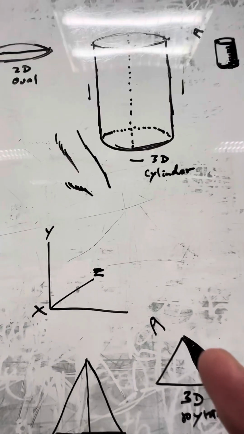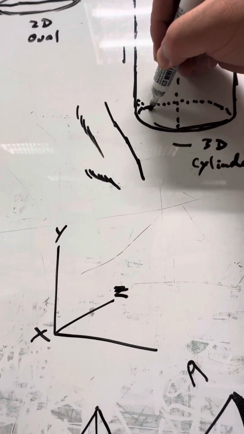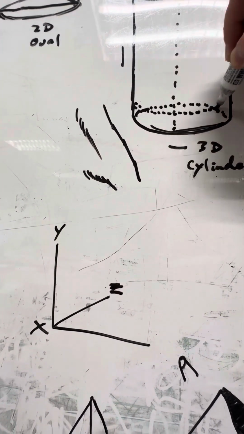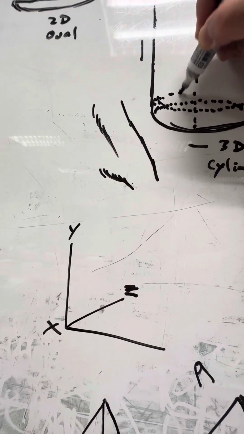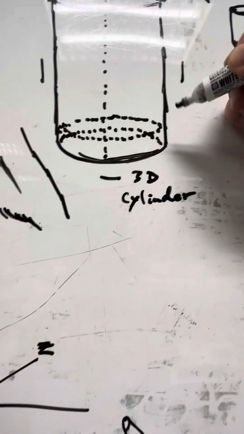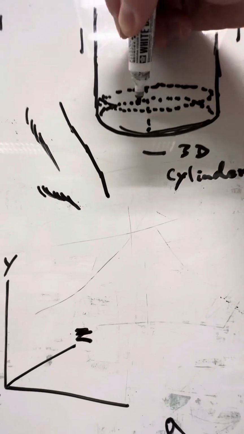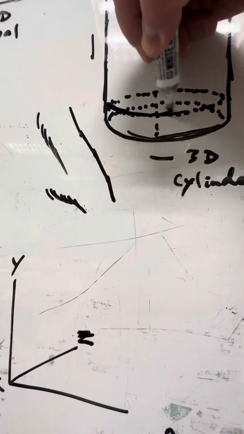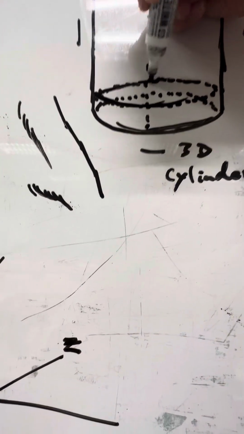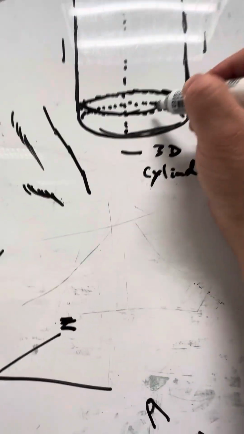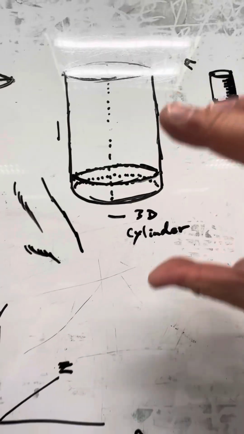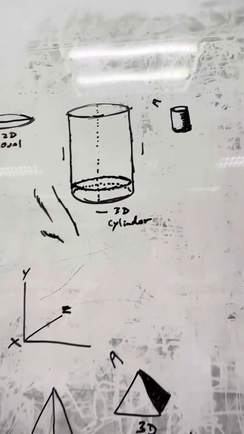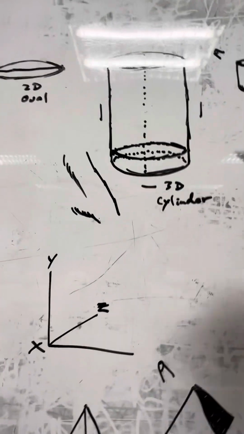So if you imagine that you splice them up into flat discs, right? Maybe something like this. They eventually, if stacked together, will make up this full cylinder, right? Okay.